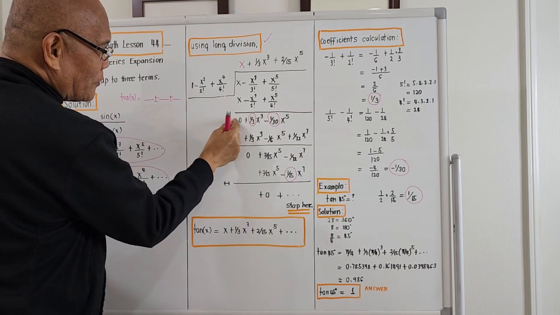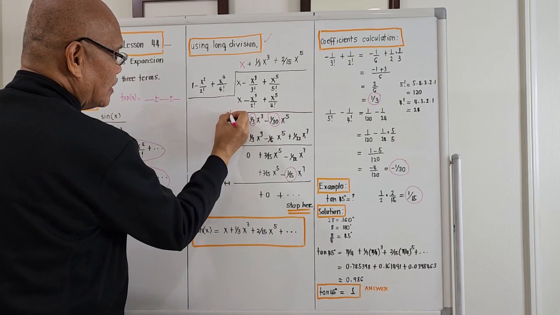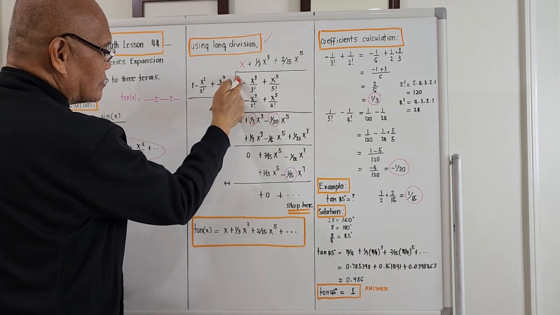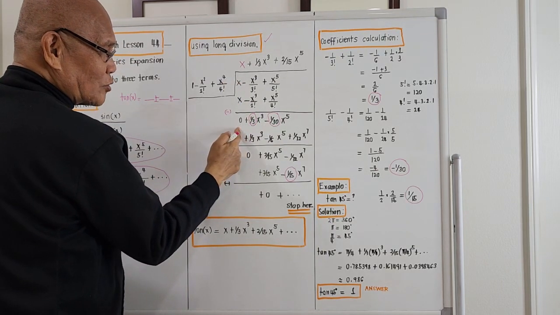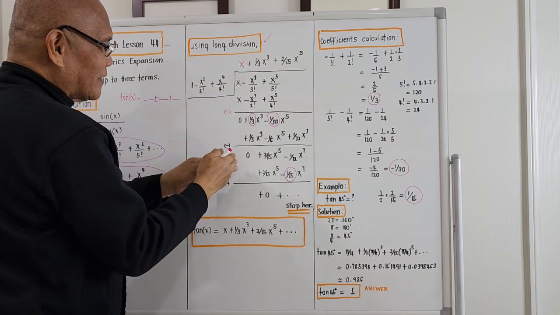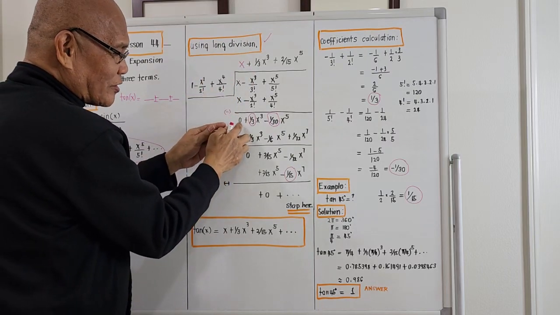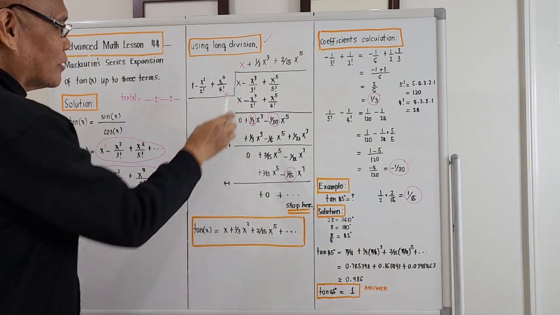Then we perform the operation subtraction. X minus x will be 0. So for your answer to be correct, if we multiply and then subtract, what comes out for the remainder should be 0. So actually the first term of the answer is x.